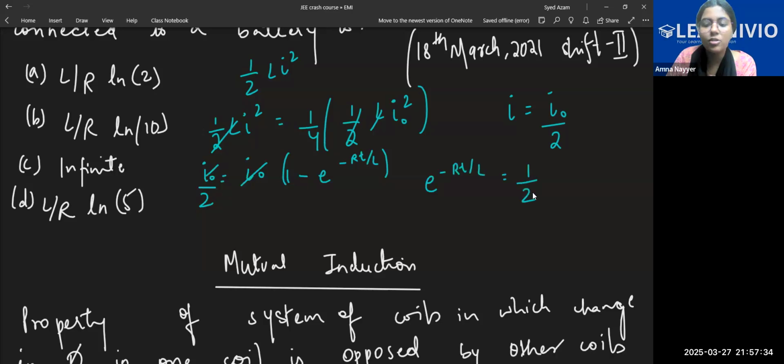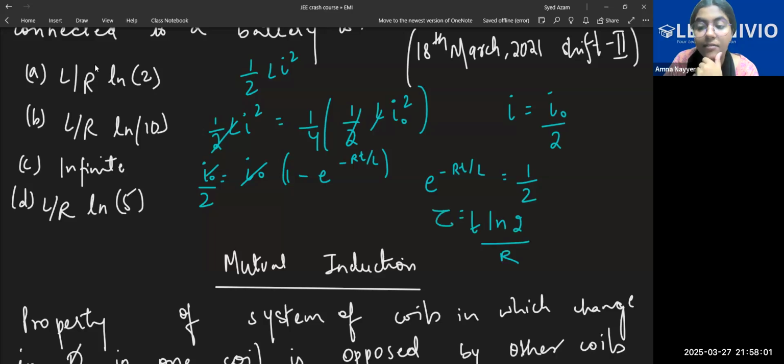So when you take the log of it, this will be log 2. This here will be plus. If you take log here, log 2, R can be divided here, and you have the time present.